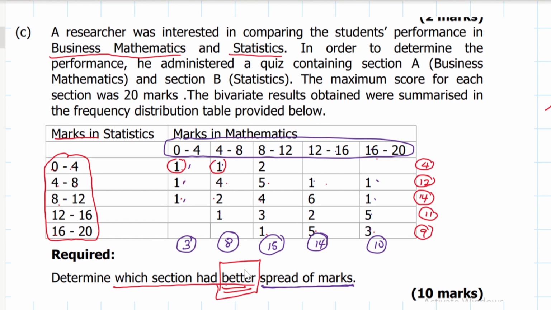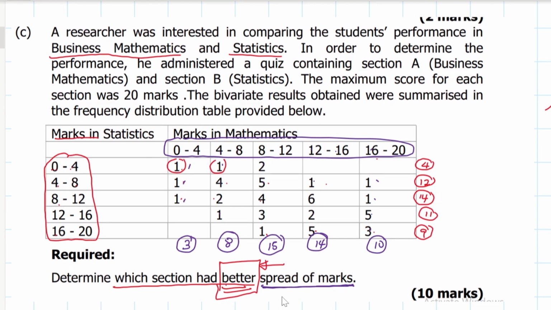Or what is the definition of better spread? Does better spread mean they are far away from each other? I think better spread means marks that are more far away from the mean mark. That is a better spread, okay?